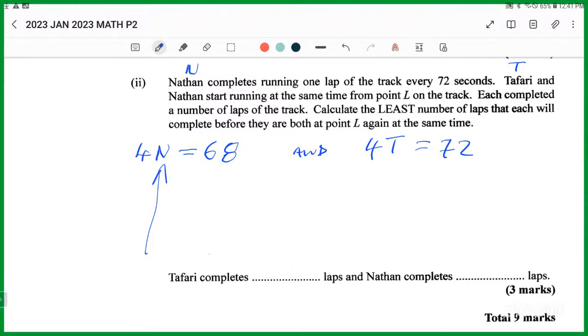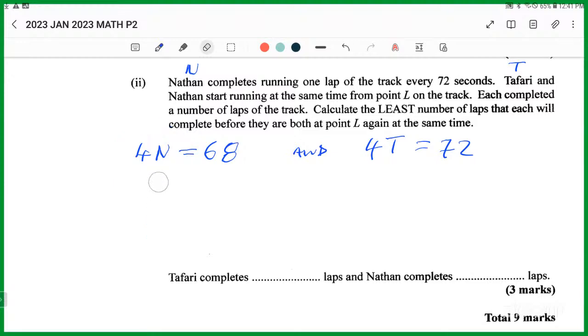Nathan is falling 4 seconds behind on each lap. Every lap he falls another 4 seconds behind. He's going 4 seconds slower every lap, but Tafara is going 4 seconds faster every lap. So they will meet again when the number of times Nathan's 4 seconds less add up to a total of 1 lap for Tafara and vice versa. So that's how you can calculate the time.